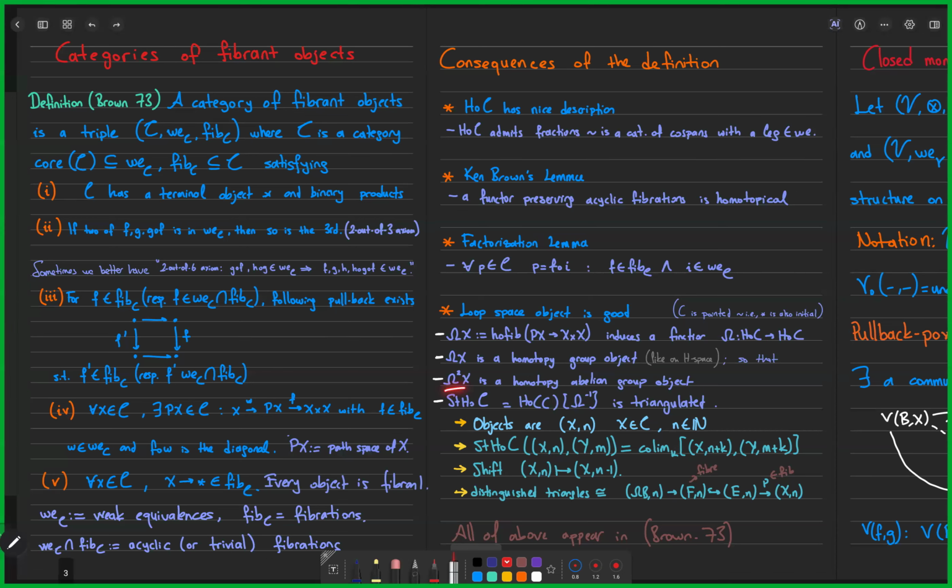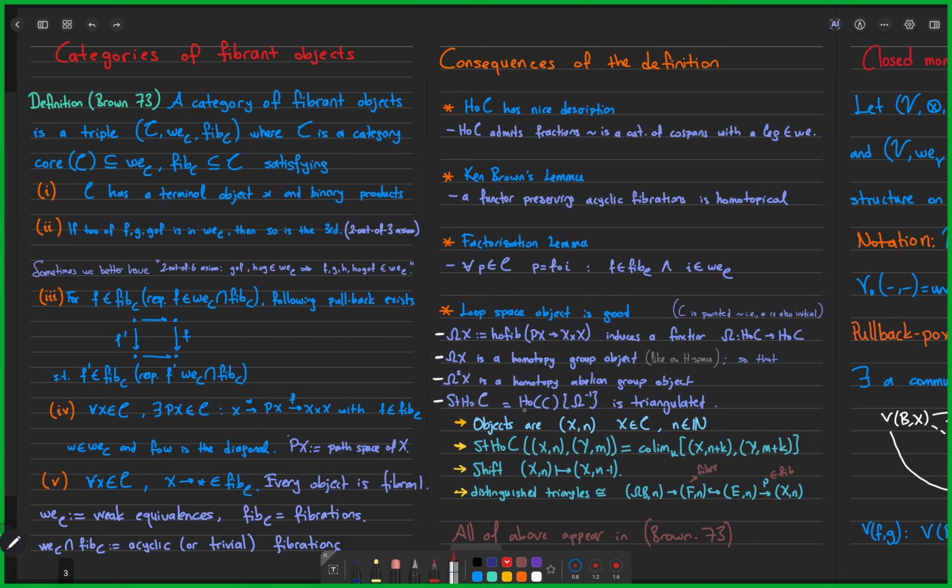And the second loop object is a homotopy abelian group object.